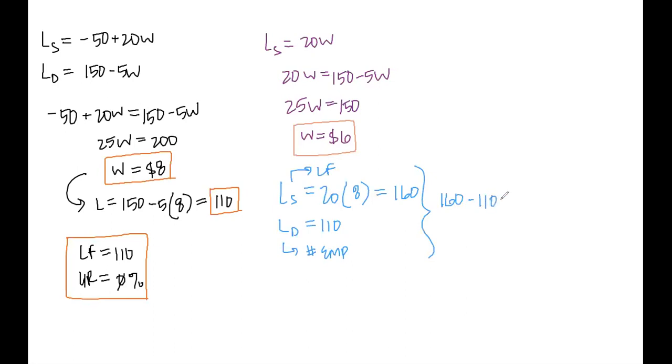So 160 minus 110 equals 50. So again, labor supply can be thought of as the labor force, labor demand can be thought of as the number of employed, and we can take the difference of those two to find the amount of people unemployed.